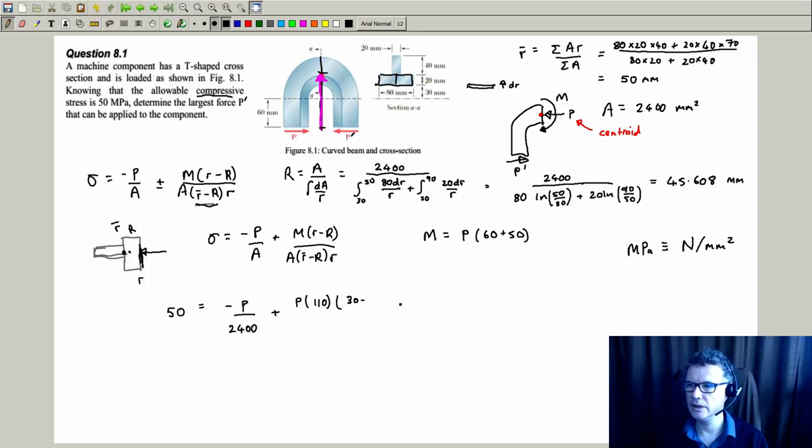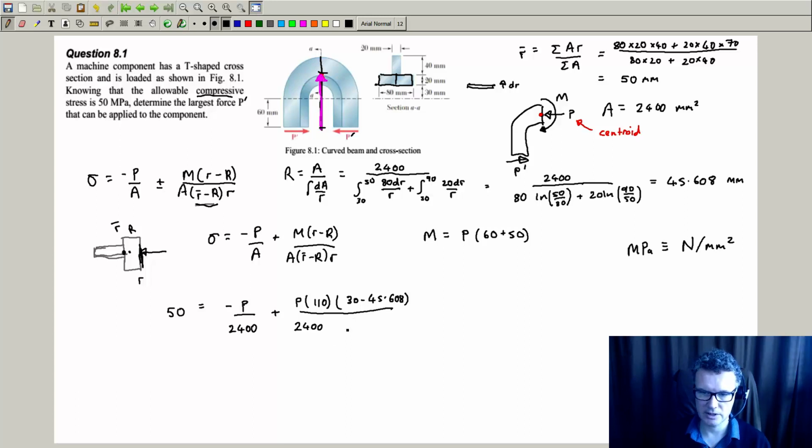Take away the neutral axis. Okay, again this is the area.